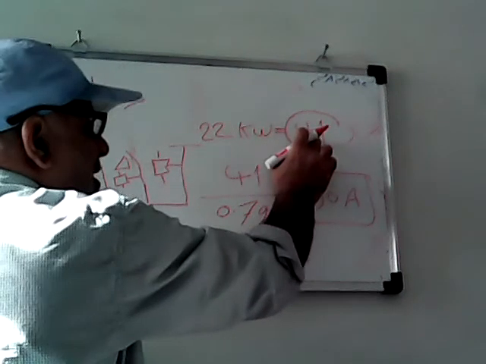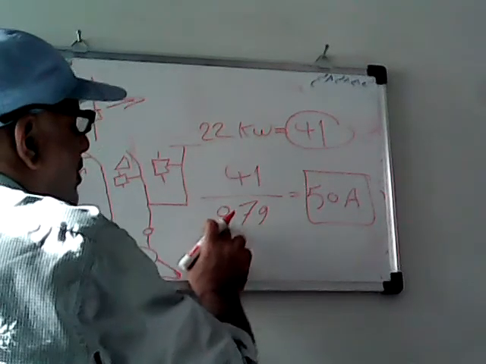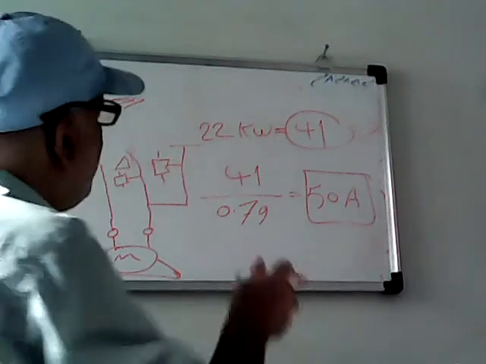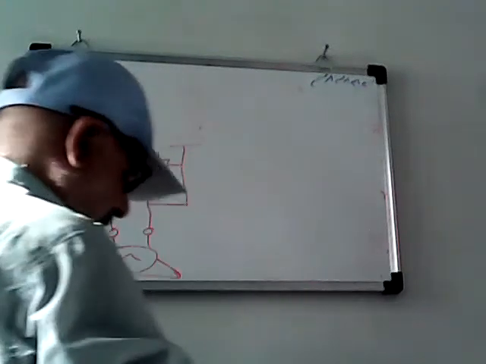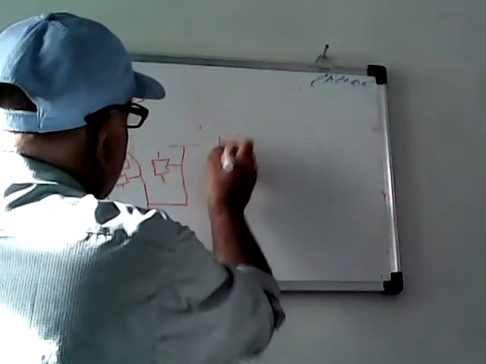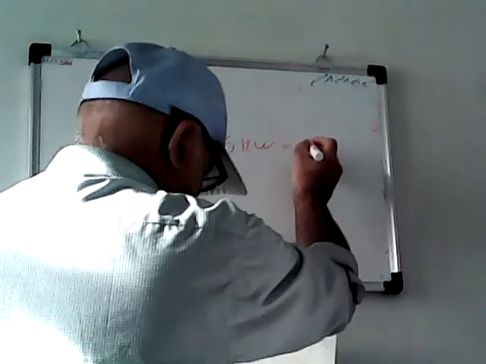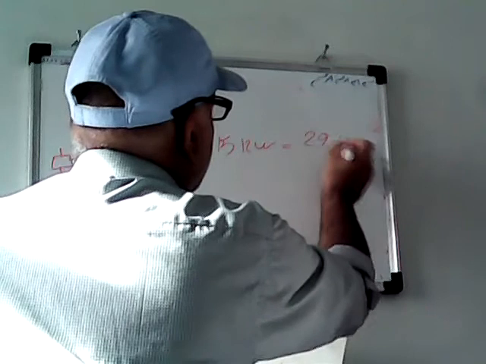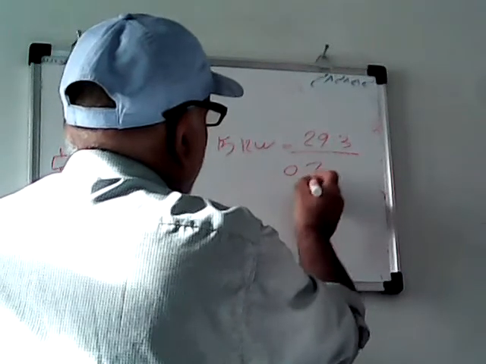That was the nameplate current divided by 0.79. Up to 65 kilowatt, okay. Another example, 15 kilowatt, nameplate current 29.3 divided by 0.79.